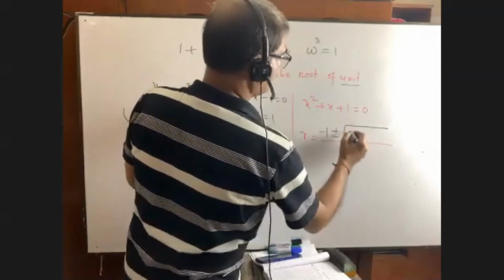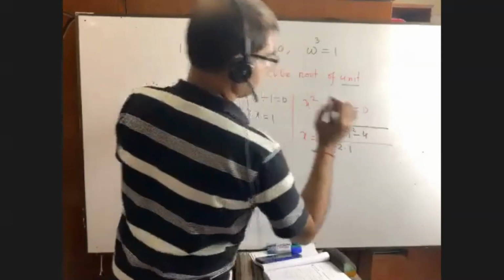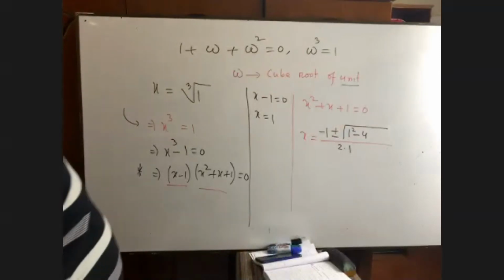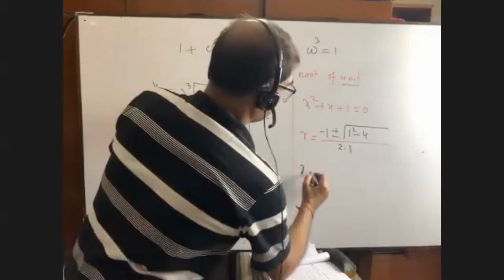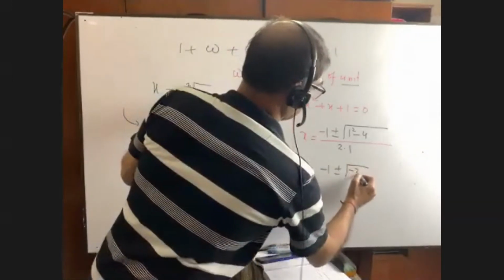What is b square? 1 square minus 4 into 1 into 1. So we are getting x equals minus 1 plus or minus root over minus 3 by 2.